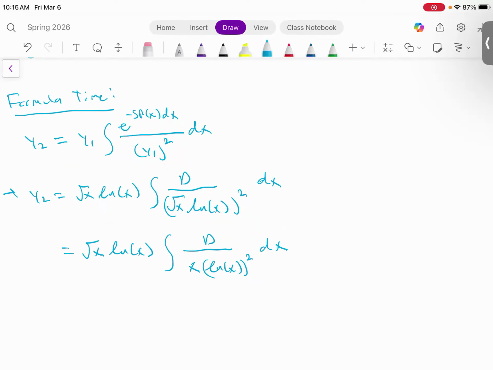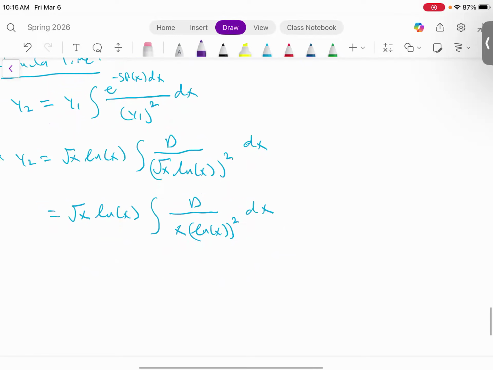Okay, so how do I solve this integral? This looks a little funky right now. Well, it actually turns out that I could just use u-sub. So we would let u just be that natural log of x, and du would be 1 over x dx.